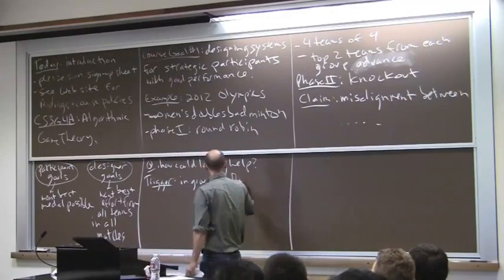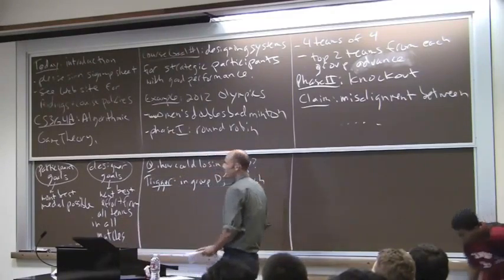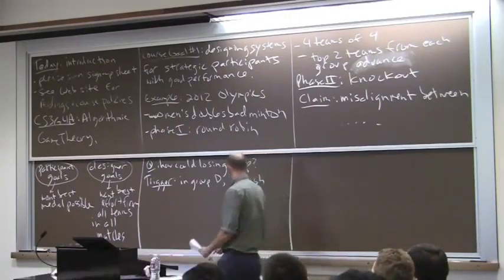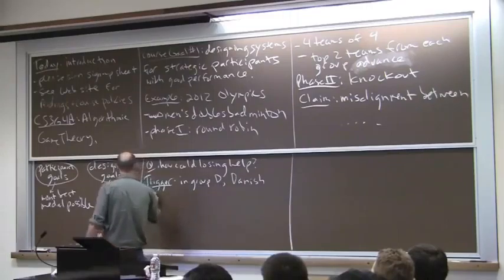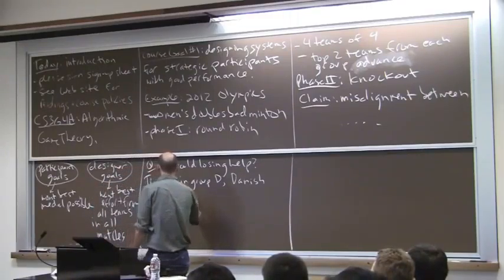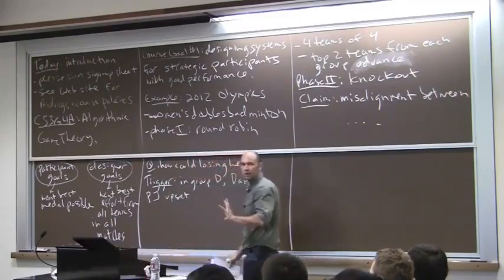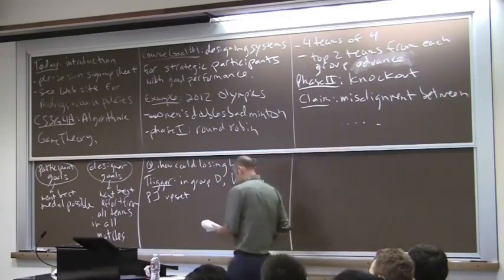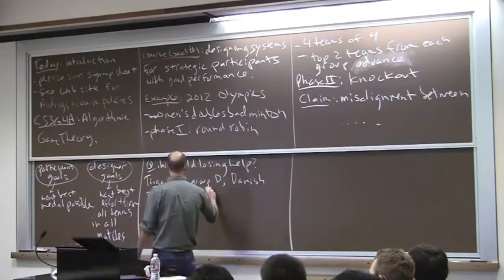Namely, the Danish team, and I'm not going to embarrass myself trying to spell or pronounce these last names, so I'll just use initials. The Danish team, PJ, upset the team that everybody believed was by far the best team in the world, the team from China, QW.